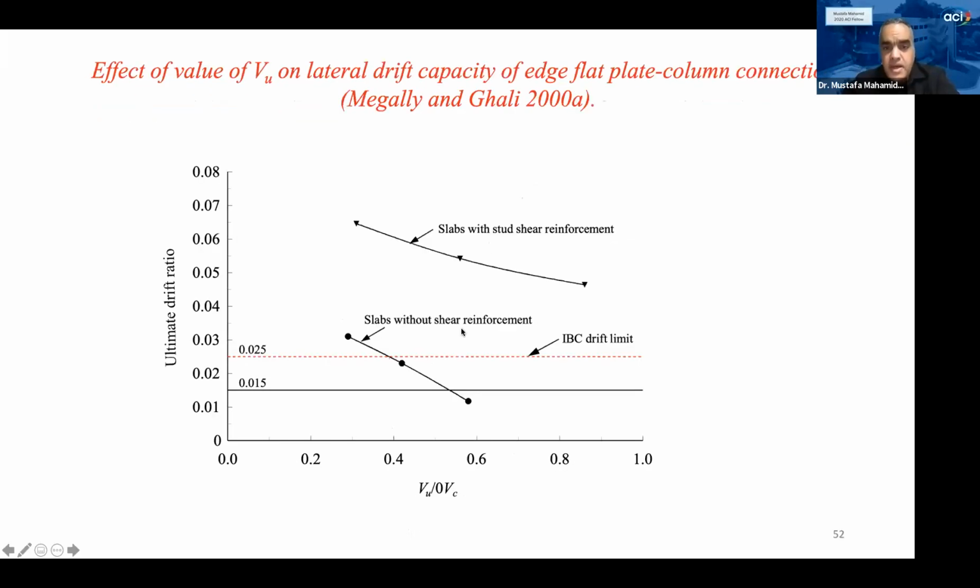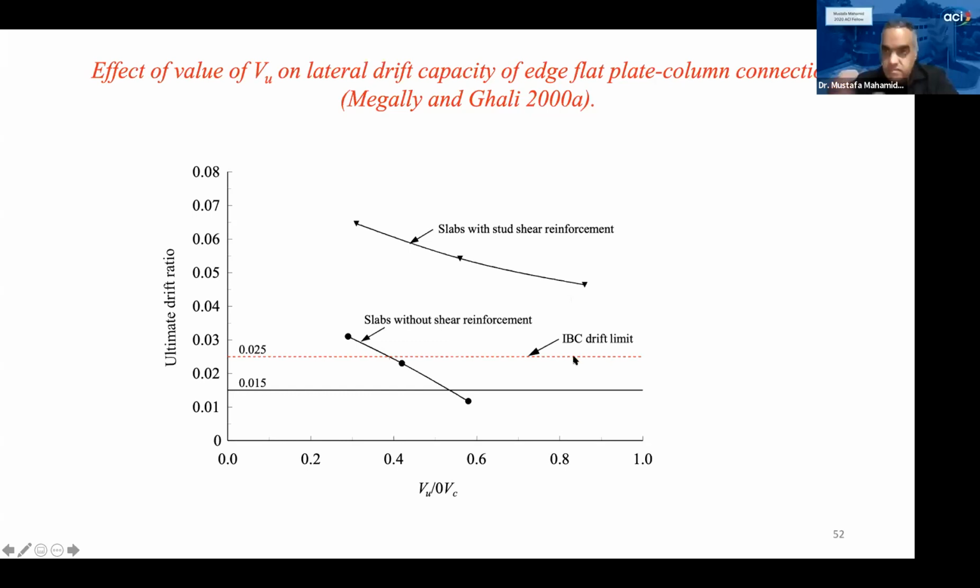Okay, so here another figure, which is the same thing: ultimate drift ratio versus VU over phi VC. Here you have slabs with stud shear reinforcement. So you can see slabs with studs have high capacity. Same thing, they reduce with the increase of the shear stress. And then slabs without shear reinforcement, you can see how they behave. And here we also have the IBC limits, the International Building Code drift limits. So we have the 0.025.